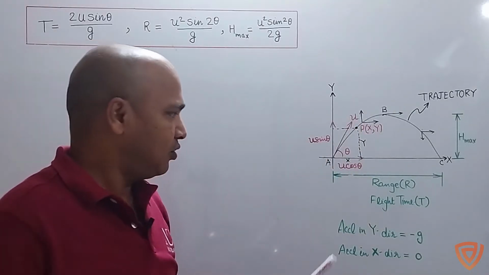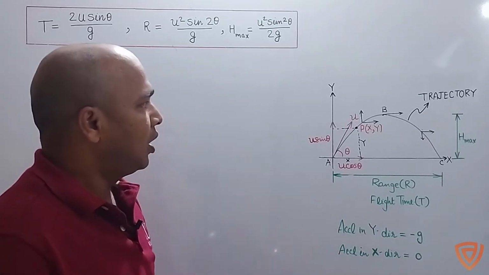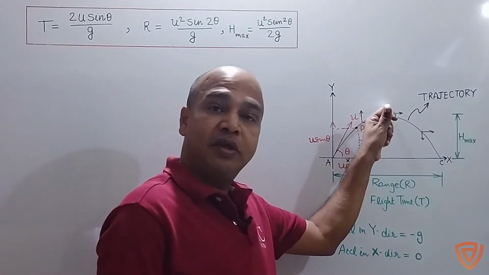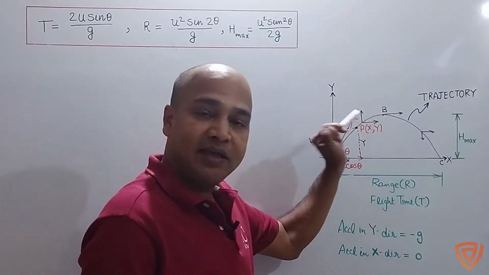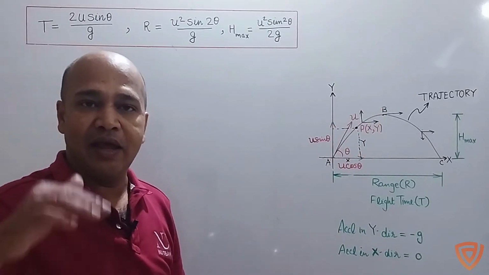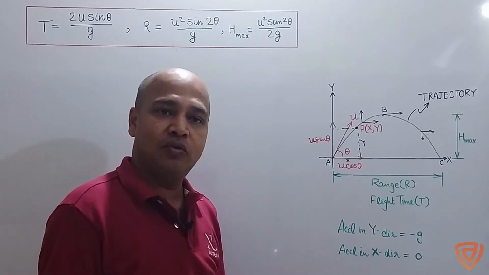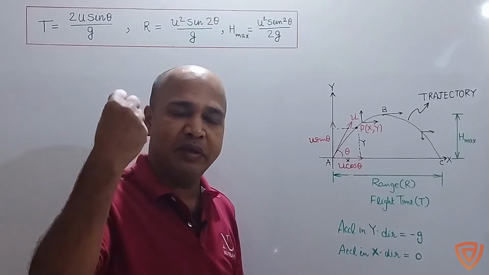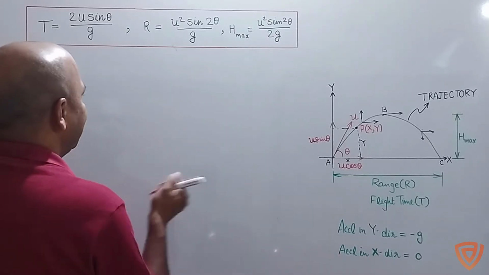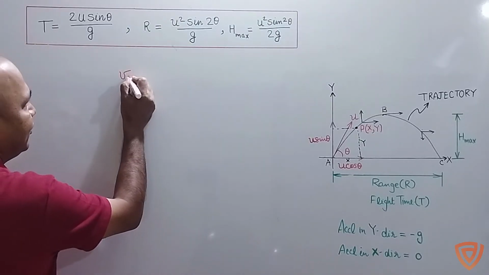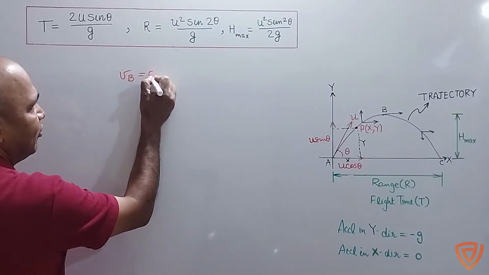Just now in the beginning of my video, I told you vertical velocity at point B will be 0 because that is the highest point of the projectile. When you throw any object up in the air, at the highest point velocity becomes 0.